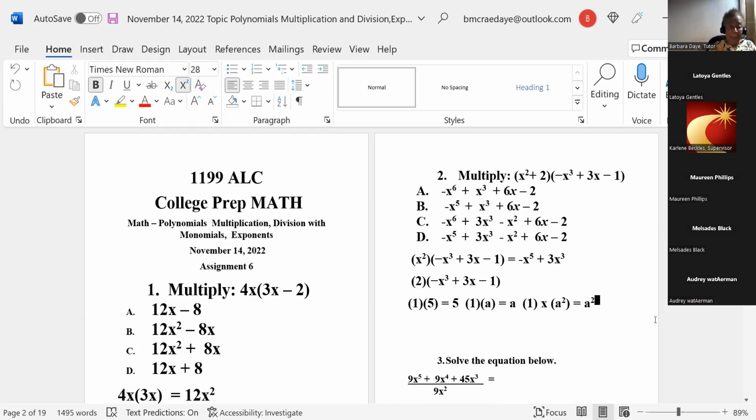Right? So back up here, Audrey. A to the second times a minus 1 is equal to what? X to the second times a minus 1. What is that equal to? X. Sure. Same rules, Audrey. 1 times any variable or number combination is equal to whatever that variable or combination or number was.